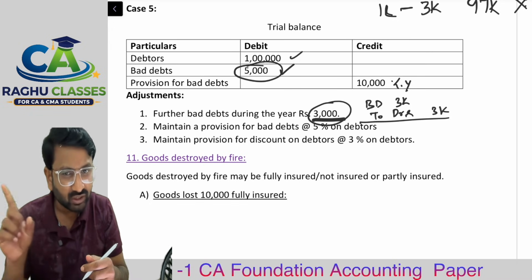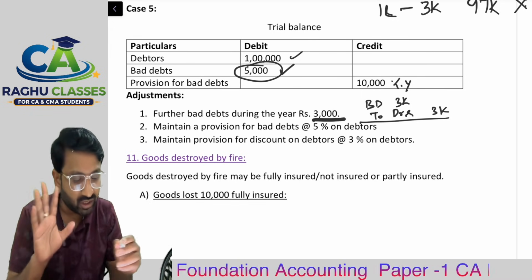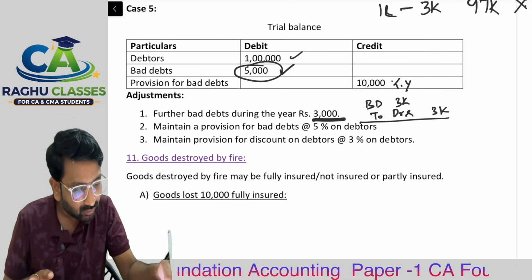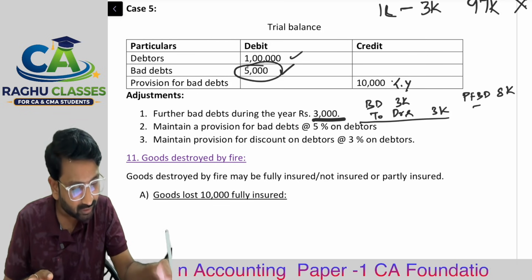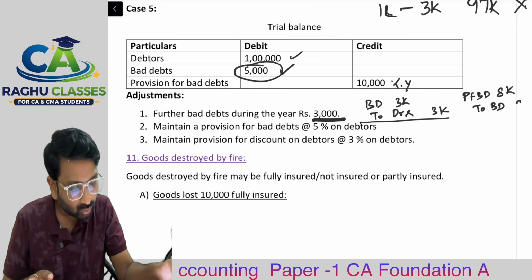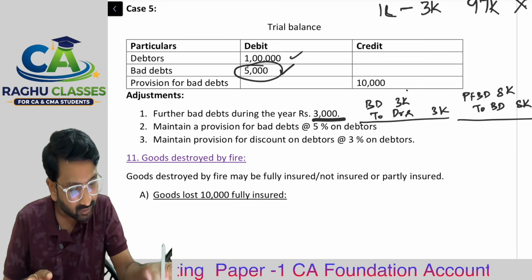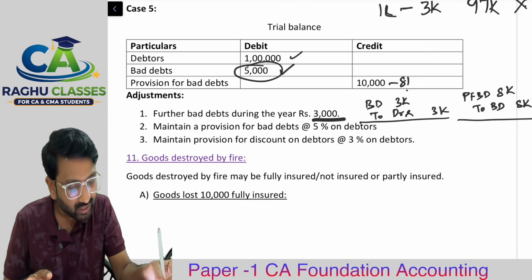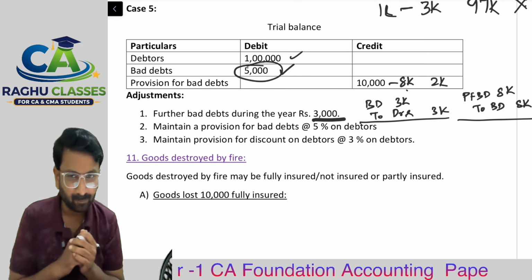I don't transfer that 8,000 to P&L. I'll better utilize my 10,000 rupees of provision. Out of that, I'll use 8,000. So the entry will be provision 8,000 to bad debt. So out of 10,000, 8,000 utilized. So we still have 2,000 in the pocket. Still, it's the same as the last case. 2,000 is still there.